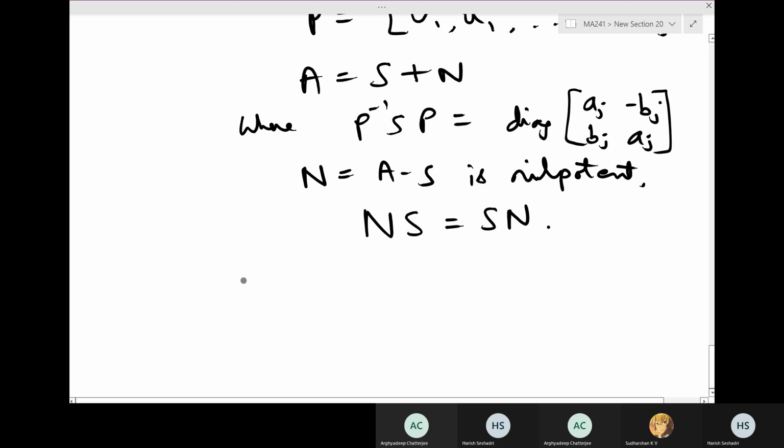So the corollary for our differential equation is that x of t is equal to e to the t times the diagonal. Now, when I look at the corollary, remember I'll be exponentiating S, so I'll have to exponentiate the right hand side.